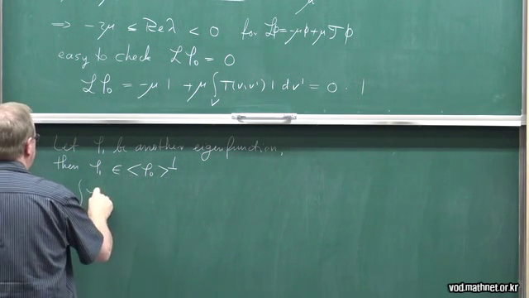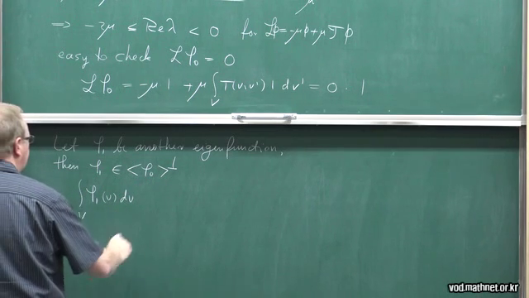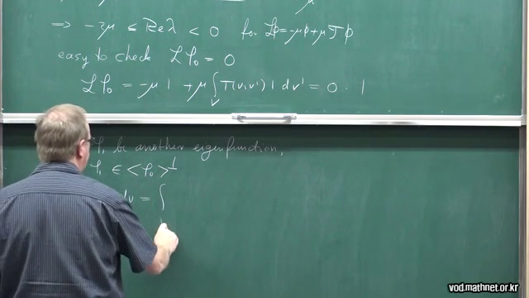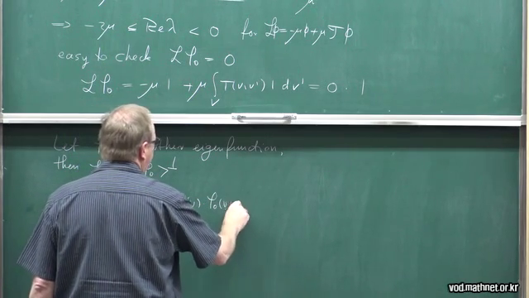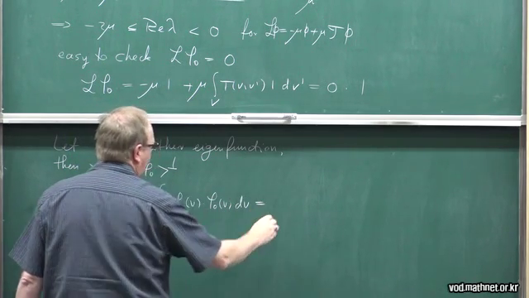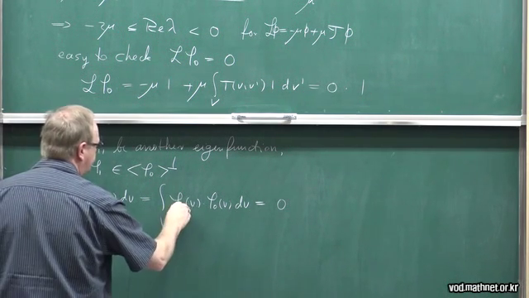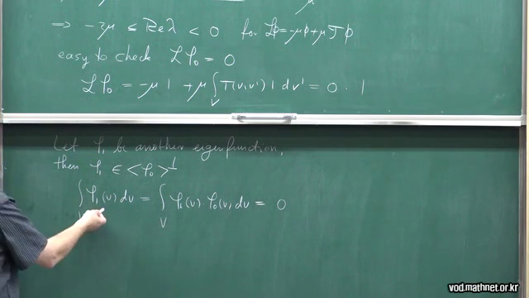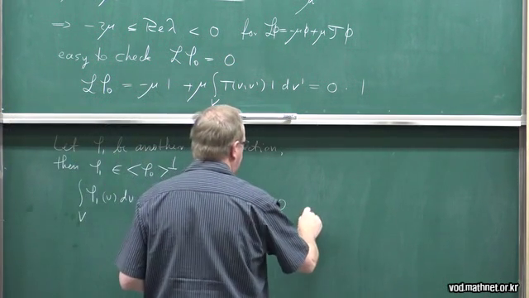And so then the mass, integral of phi 1 of v dv, is the same as integral of phi 1 of v times phi 0 of v dv, which is 0 by orthogonality. Okay, phi 0 is equal to 1, so nothing happened. So then the mass of these other eigenfunctions is 0. So that's the proof of this.